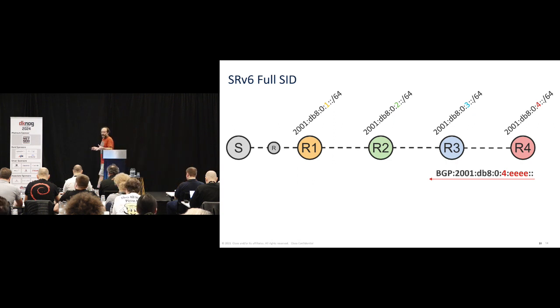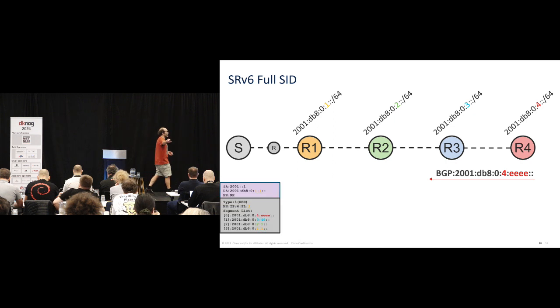And each of those devices has a unique locator. In this case, 2001:DB8 and the 0 and the device ID /64 in our case. And right now the source, and again, the source can be a router or virtual machine or container or an application, wants to send the packet through all those devices before it reaches the destination, which is R4.